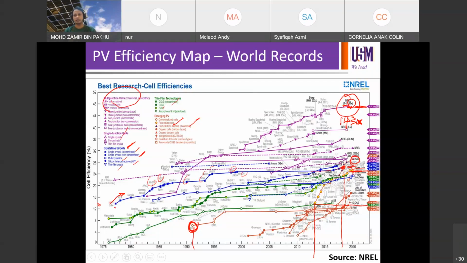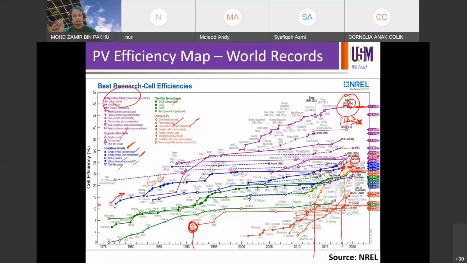So basically, if this year one institution or one company broke the record or declared another world record, 1 point will be plotted on this chart as a new world record claimed by a certain institution. And for each world record, it has to be verified by an independent institution.